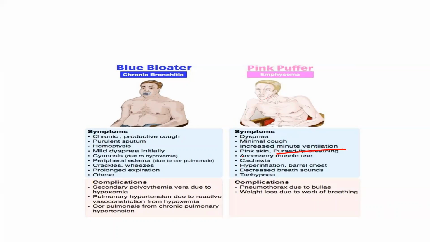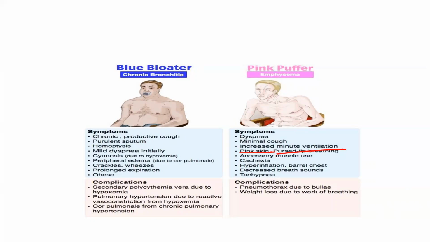They have pink skin, which is why they are called pink puffers. They are usually thin built, whereas blue bloaters are obese. They also have dyspnea, tachypnea, and decreased breath sounds, a silent chest.